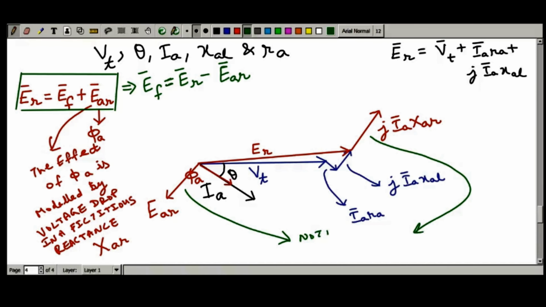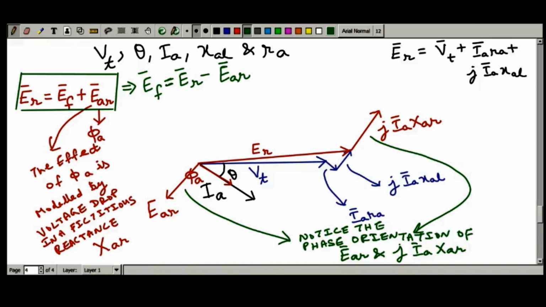Notice the phase orientation of Ear and j Ia Xar.